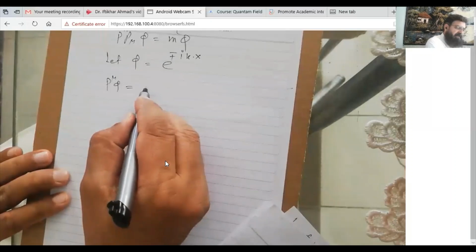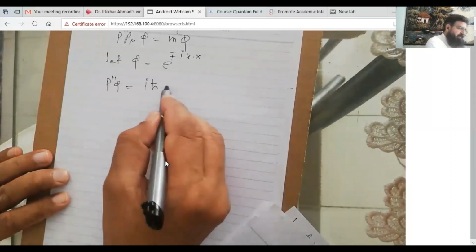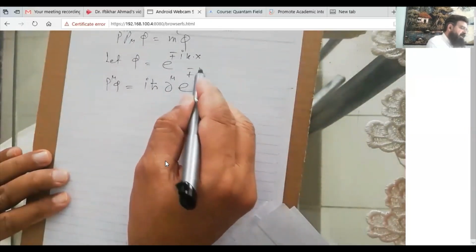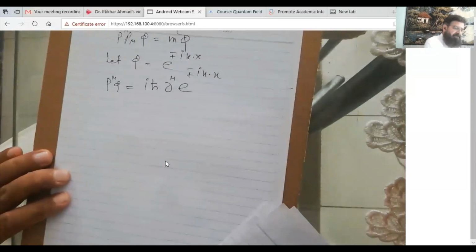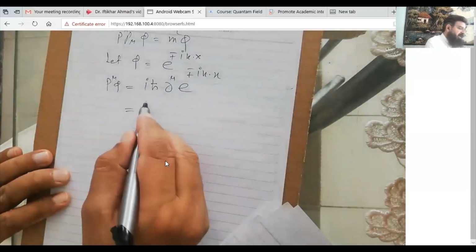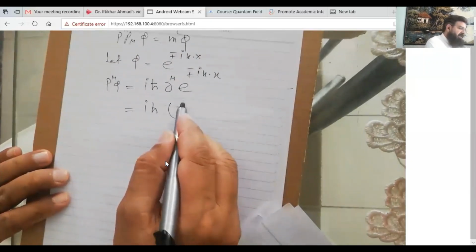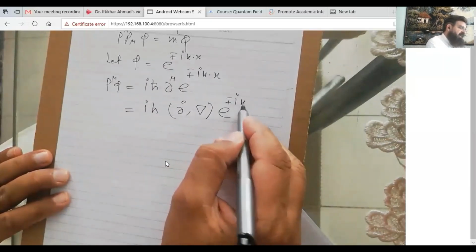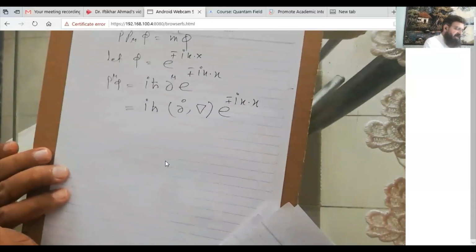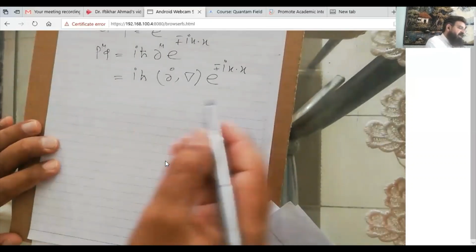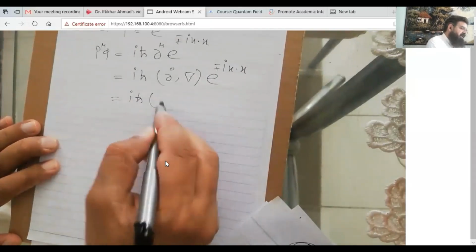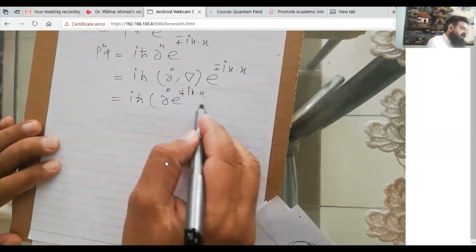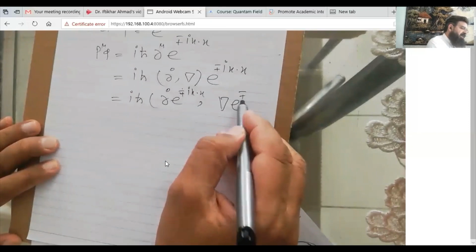You get iota h-cut partial_mu e raised to power minus plus iota k·x. Again you can operate this, iota h-cut partial on phi equal to e raised to power minus plus iota k·x.